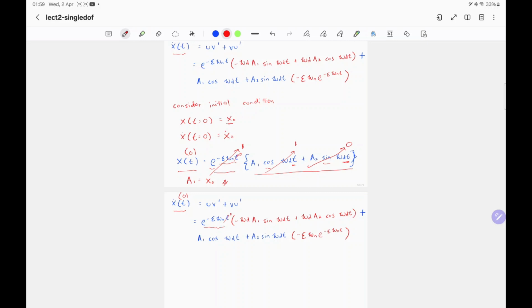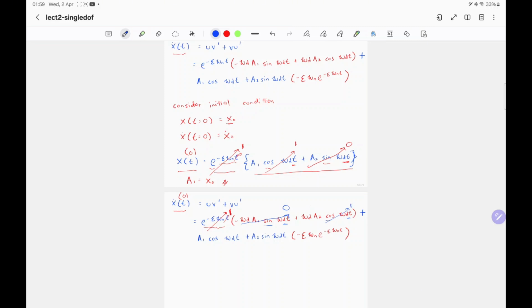So e to the power of 0 becomes 1, sin 0 is 0, so all of these terms become 0, and cos 0 becomes 1.